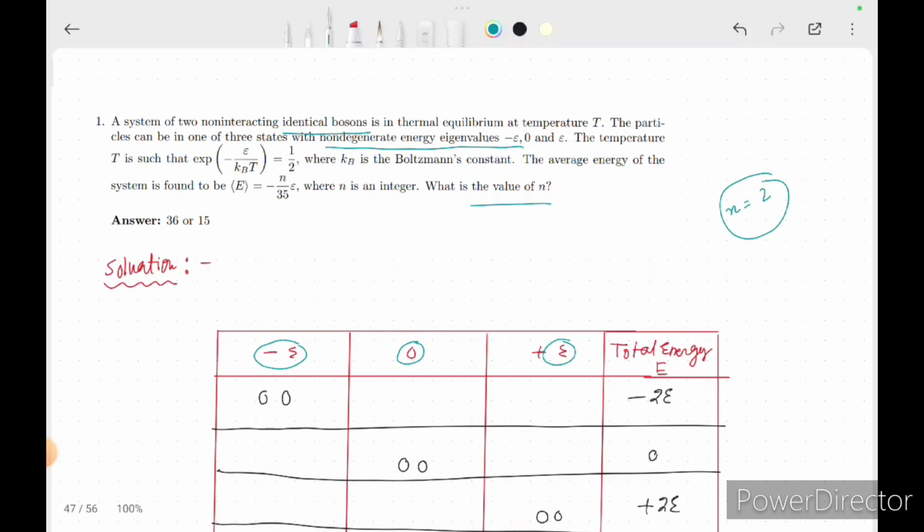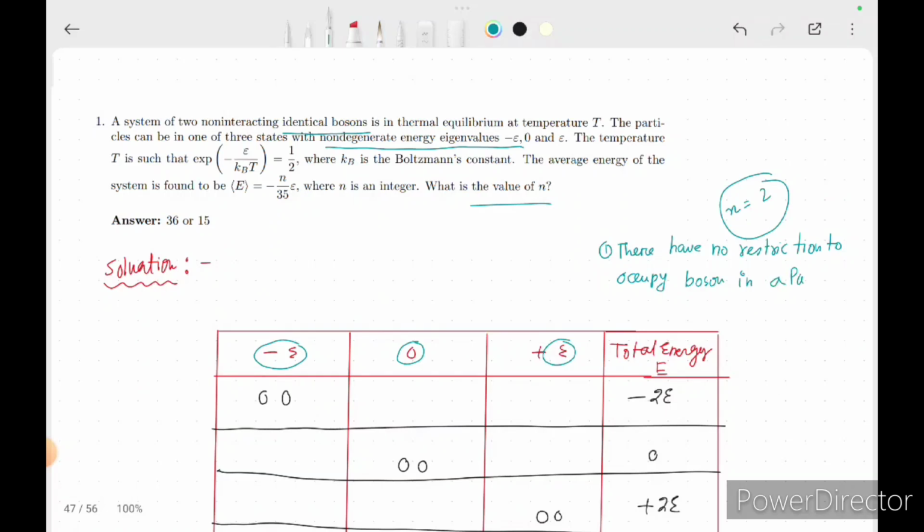Please write down the properties of bosons. Property number 1: for bosons there are no restrictions to occupy a particular state; there are no restrictions to occupy bosons in a particular state.